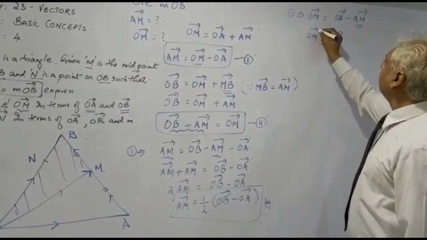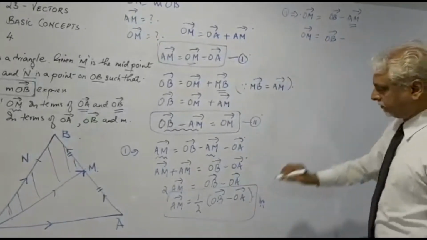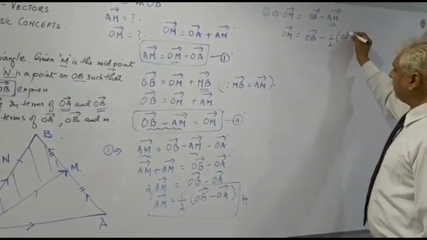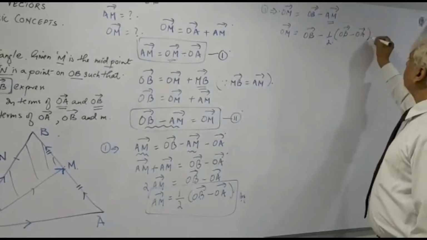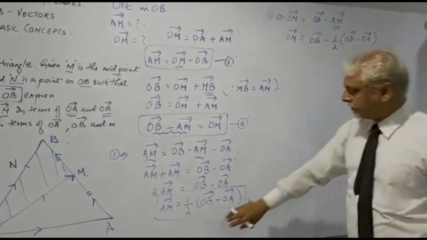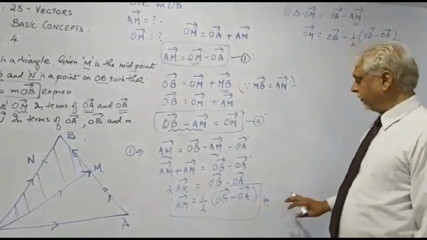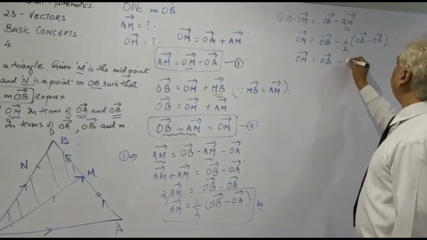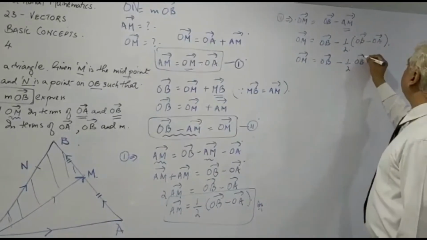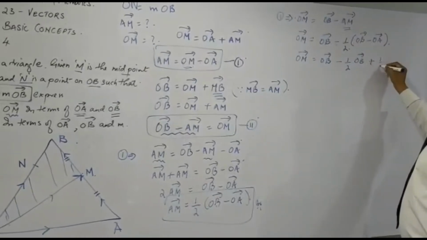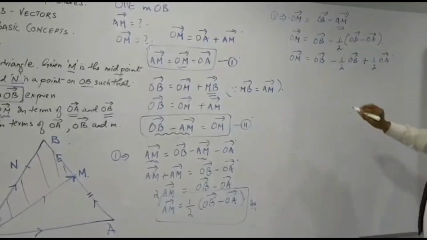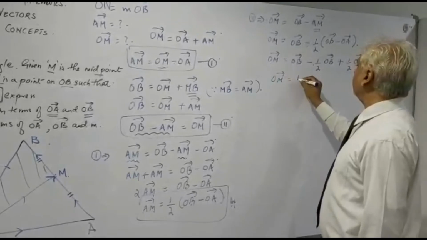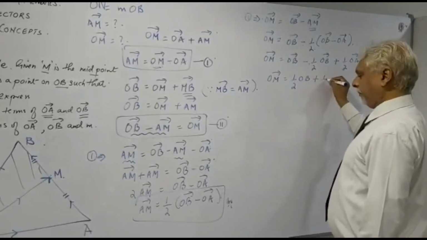OM is equal to OB minus 1 upon 2 (OB minus OA), because AM in terms of OB and OA is half of OB minus OA. Further simplifying: OB minus half OB, and minus and minus give plus half OA. 1 minus half gives half. So OM is equal to 1 upon 2 OB plus 1 upon 2 OA.